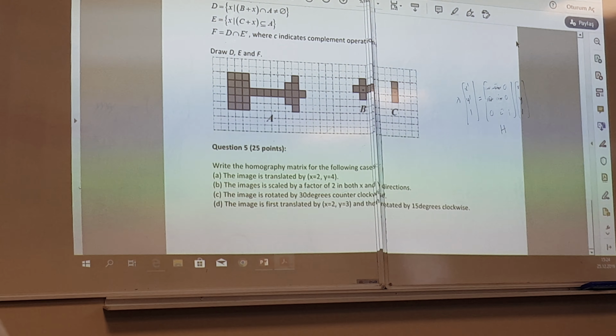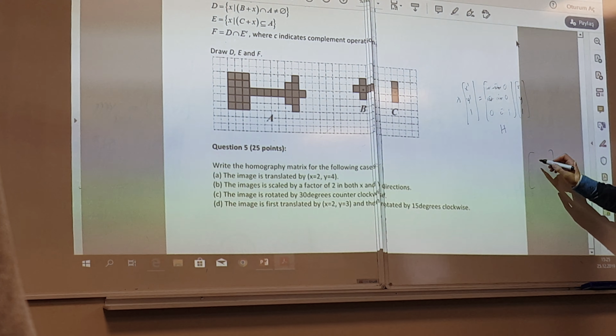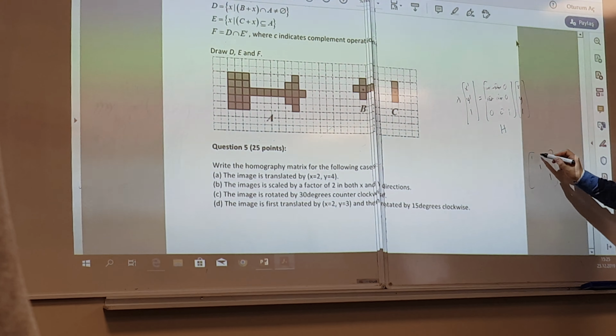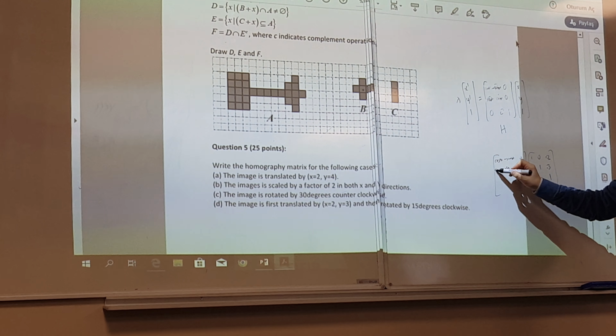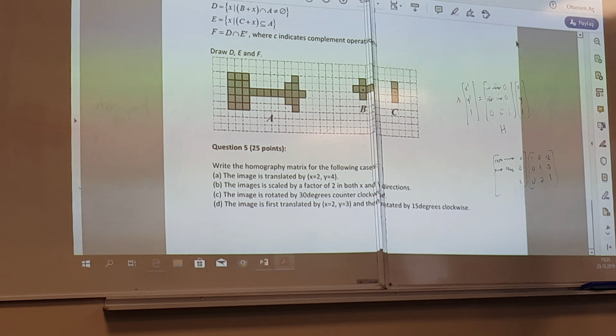The image is first translated by 2 and 3, and then rotated by 15 degrees clockwise. So first, you will do a translation 1, 1, 1, 0, 0, 2 and 3, 0, 0, 0, and then you will do a rotation: cosine theta, cos theta 1, 0, 0, minus sine theta, sine theta. Again, you need to make sure of the signs over there.